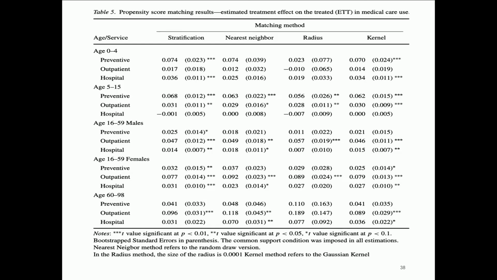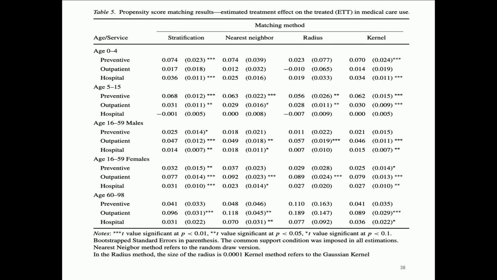So they divide their sample into several groups, age groups from 0 to 4, from 5 to 15, from 16 to 59 males and females, because we assume that we have different needs concerning health in these age groups, and from age 60 to 98.